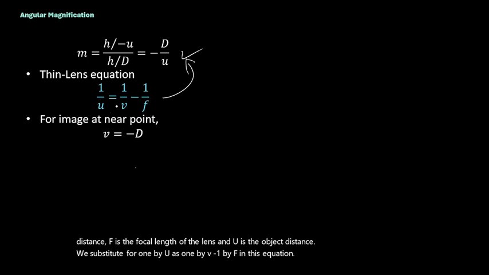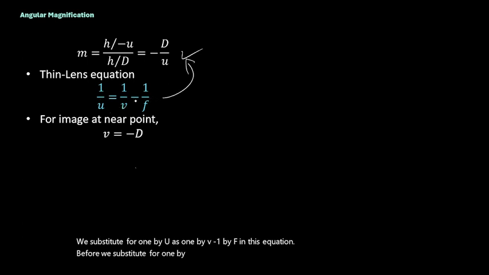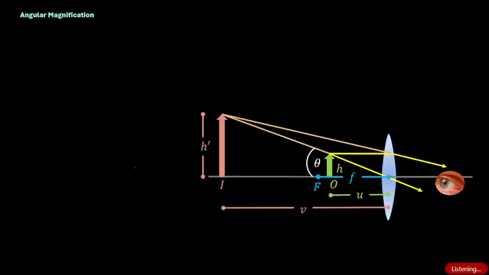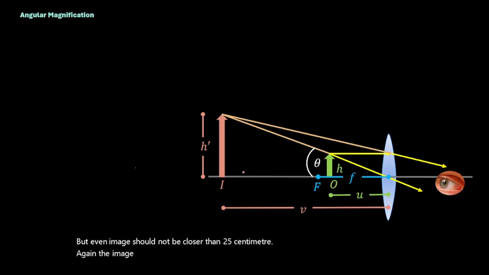Before we substitute for 1 by v and 1 by u, we consider the case of the near point, the image formed at the near point. When the image is formed at the near point, the image distance will be negative d according to sign convention. The image can form anywhere, but even the image should not be closer than 25 centimeter. Again, the image will not be visible clearly.